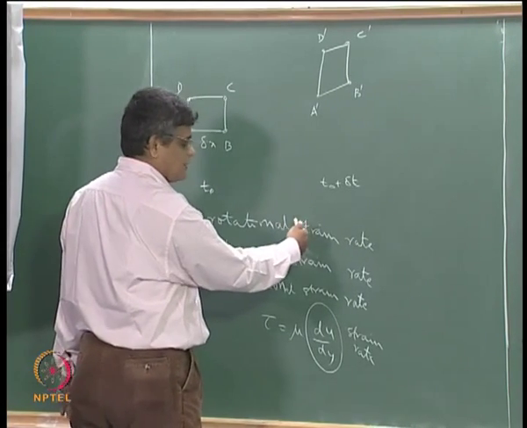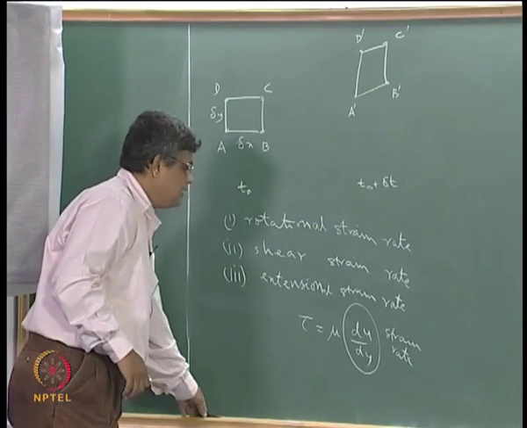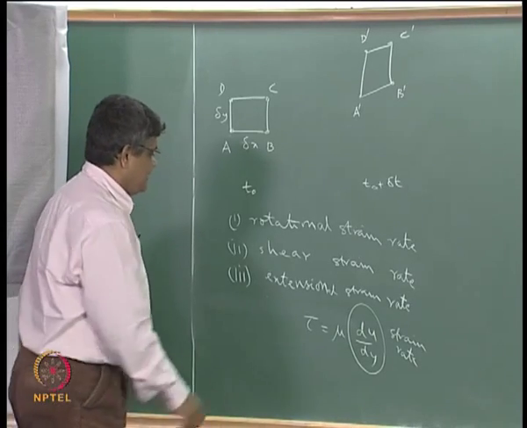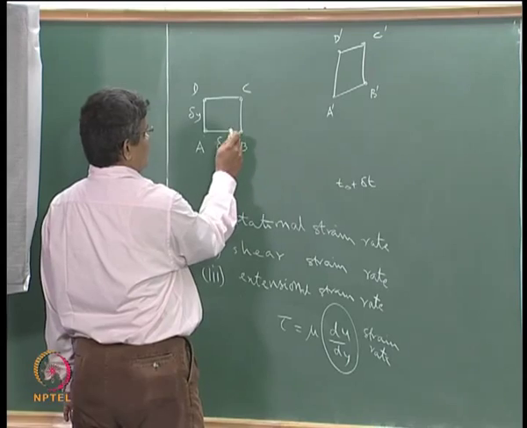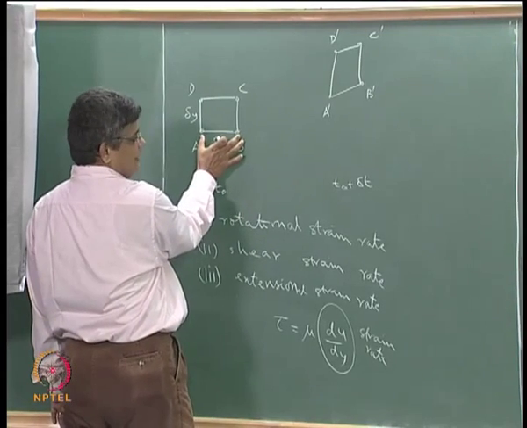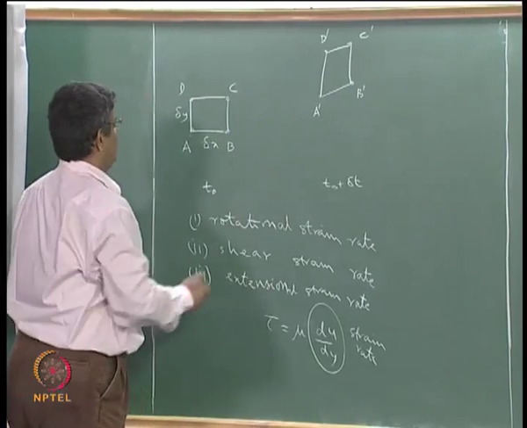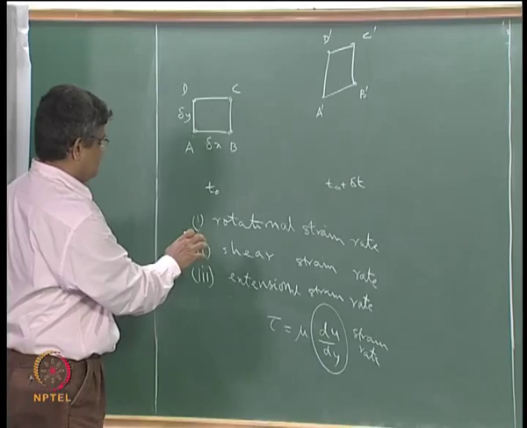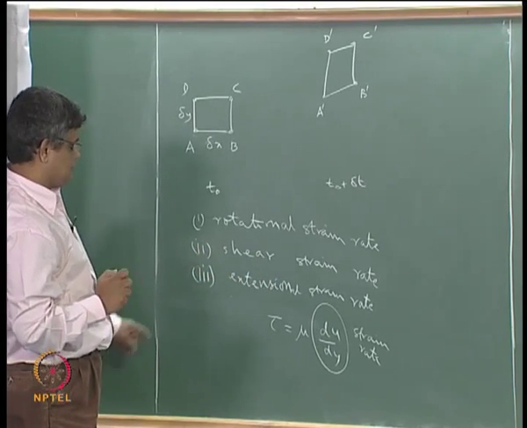Now, in order to quantify this rotational strain rate and shear strain rate, we have to define what these things are. We say extensional strain is when the length AB is different from length A prime B prime, or length AD is different from A prime D prime. So the extensional strain is relatively easy to understand.